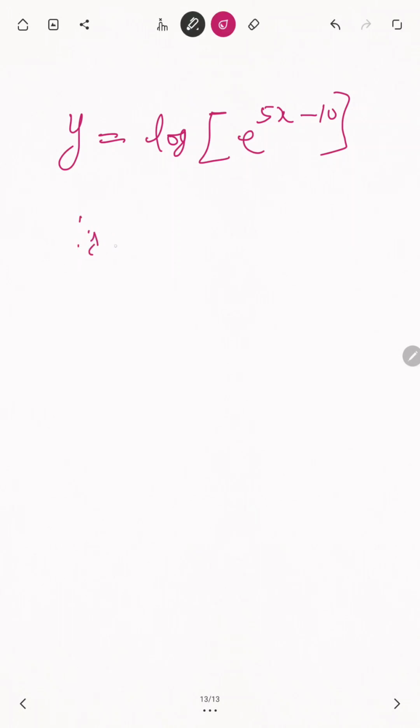Log of f of x. So therefore f of x is what? e power 5x minus 10.